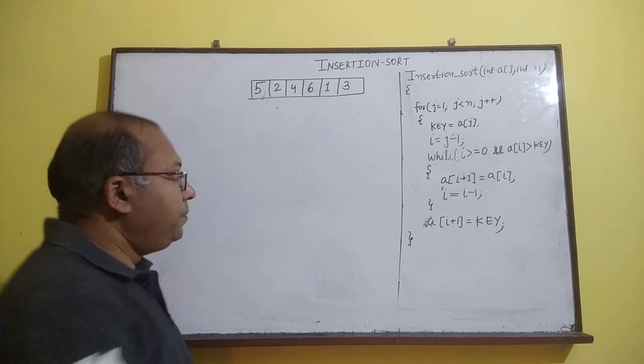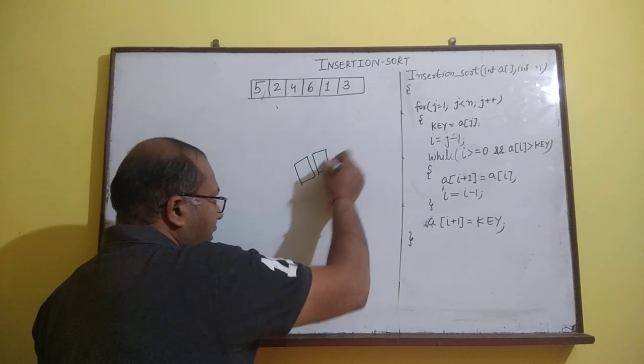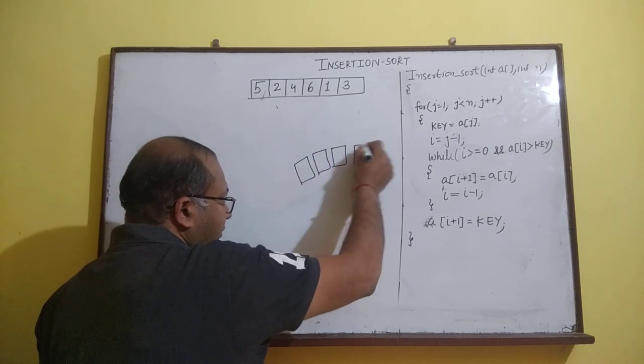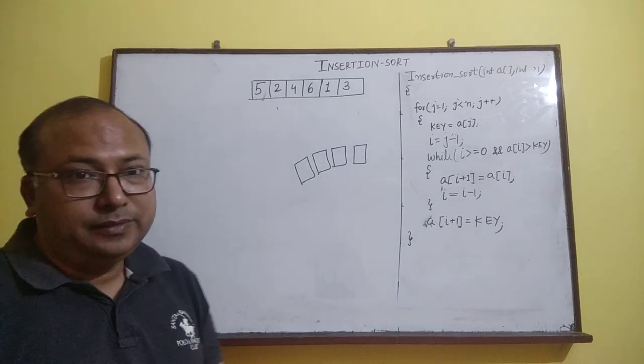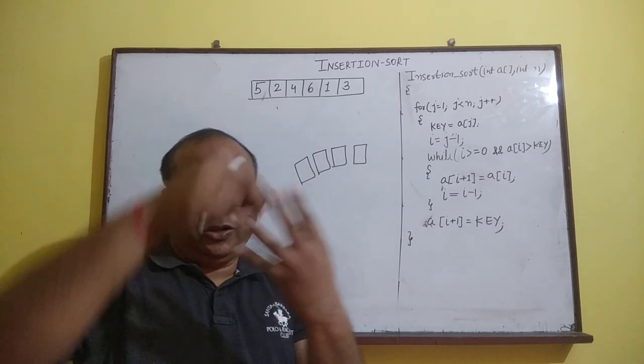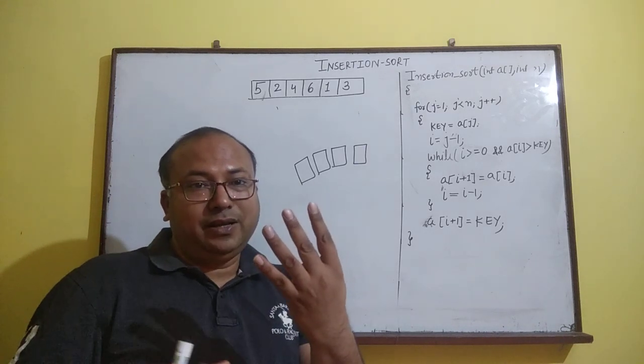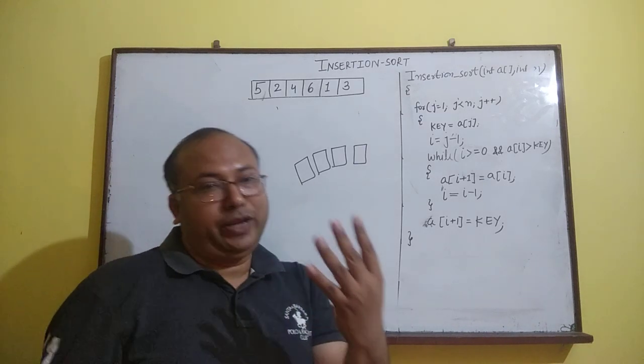I hope you remember that in our childhood we were playing cards. Whenever you are having playing cards in your hand, we always try to arrange them in a way that we can play in a better way.